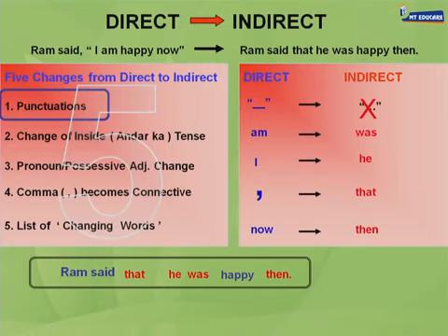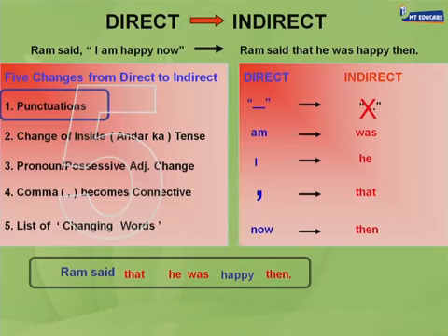As you can see, quotation marks ke andar jo I tha became he. Change number 4, comma becomes connective. As you can see that comma on your screen, it has now changed to that. And change number 5, and finally, can you see that word now? It became then. Does every word change? No, there is a list of changing words.